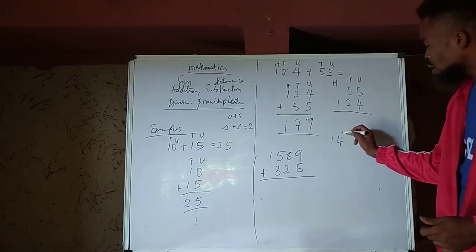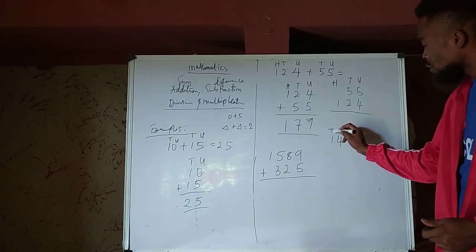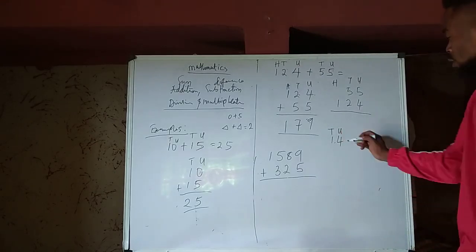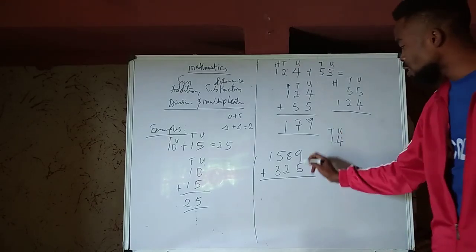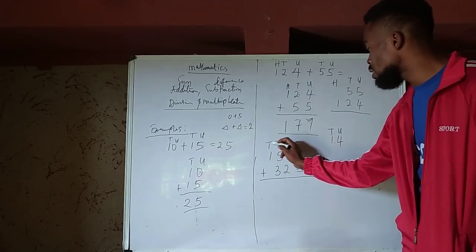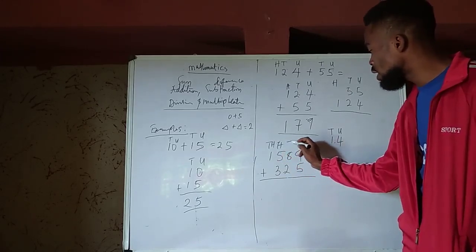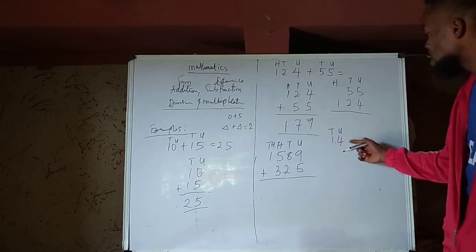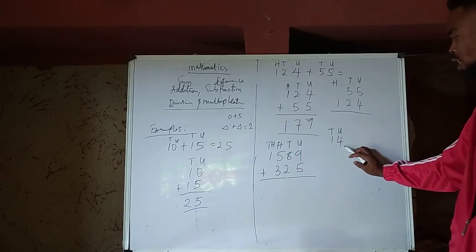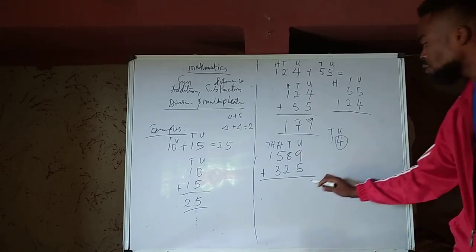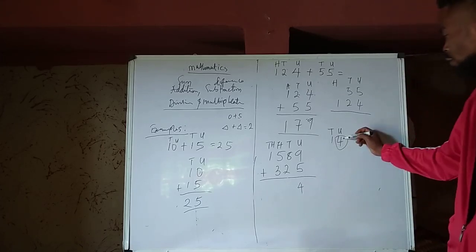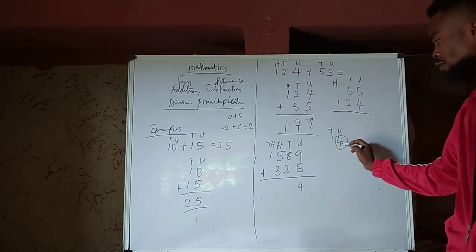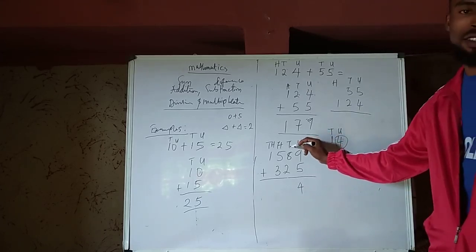In this 14, you have a unit and you have a tens, right? Based on the fact that this is under the unit, we write 4 and we take 1 to the tens.